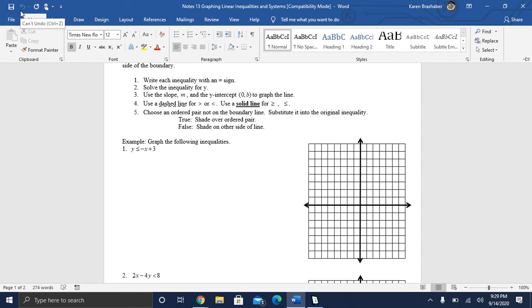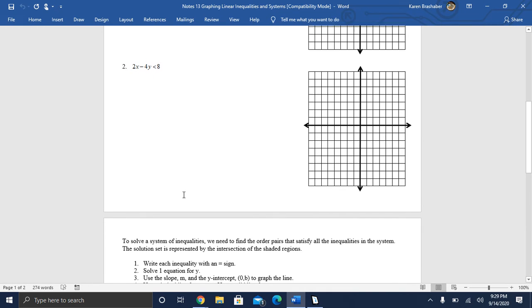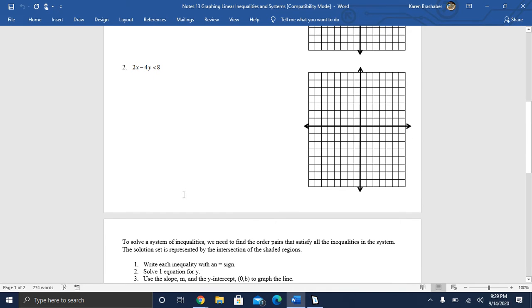to our second example. So the second example is 2x minus 4y is less than 8. This equation is not already solved for y. So we'll have to do some work to make that happen. You'll want to take the 2x, subtracting it to the other side.